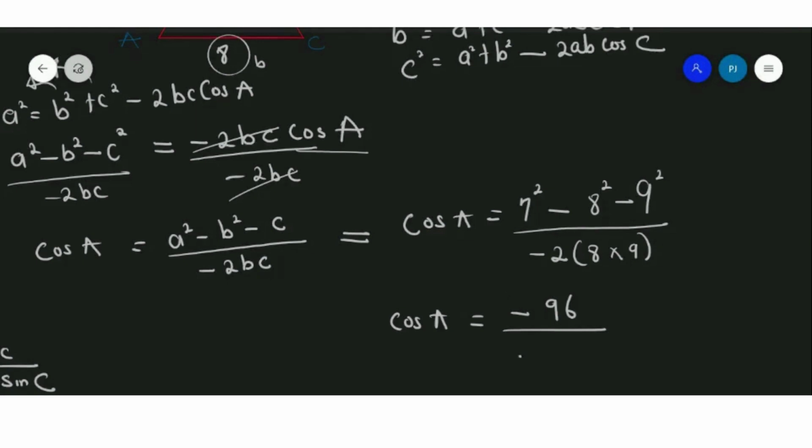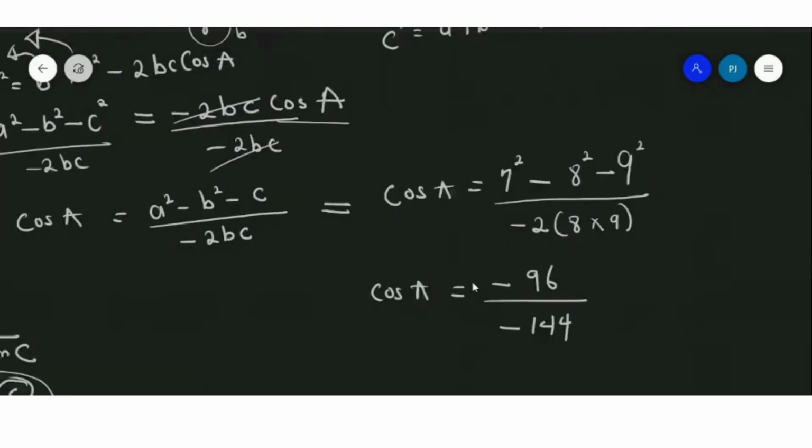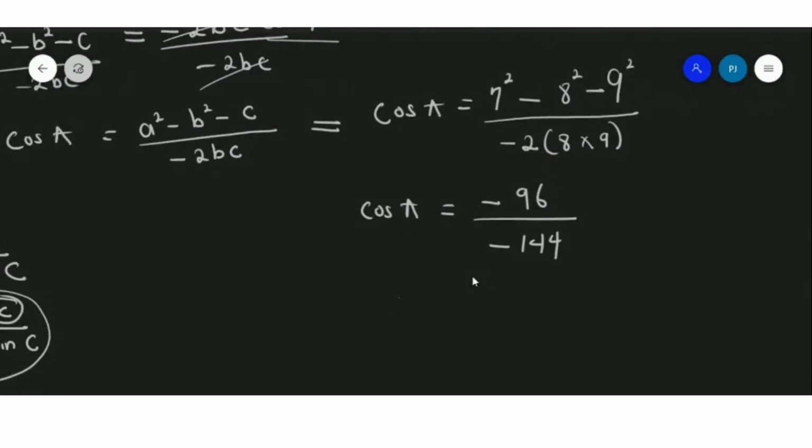This is negative 144. So if you work on this calculation, cos A should be equal to negative 96 divided by negative 144. You should have 2 over 3.